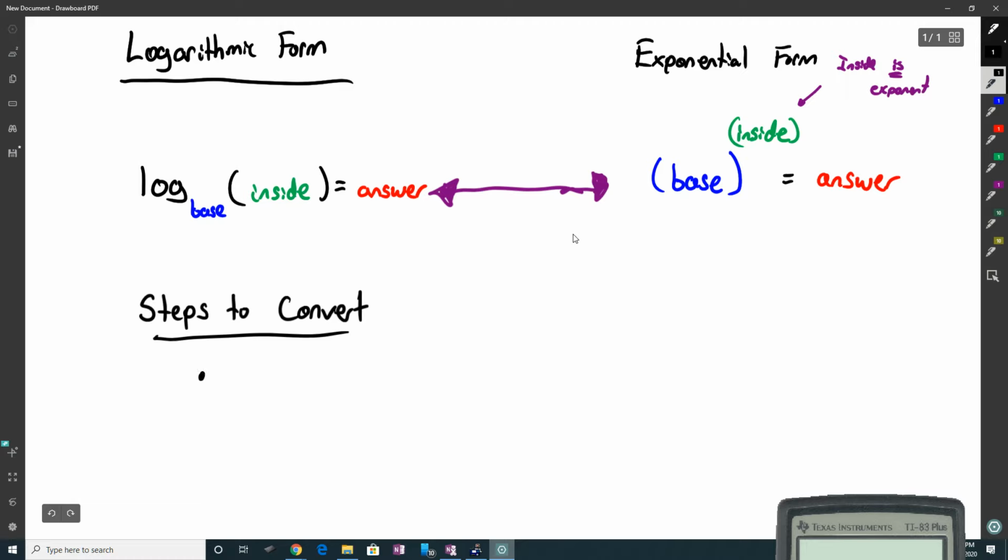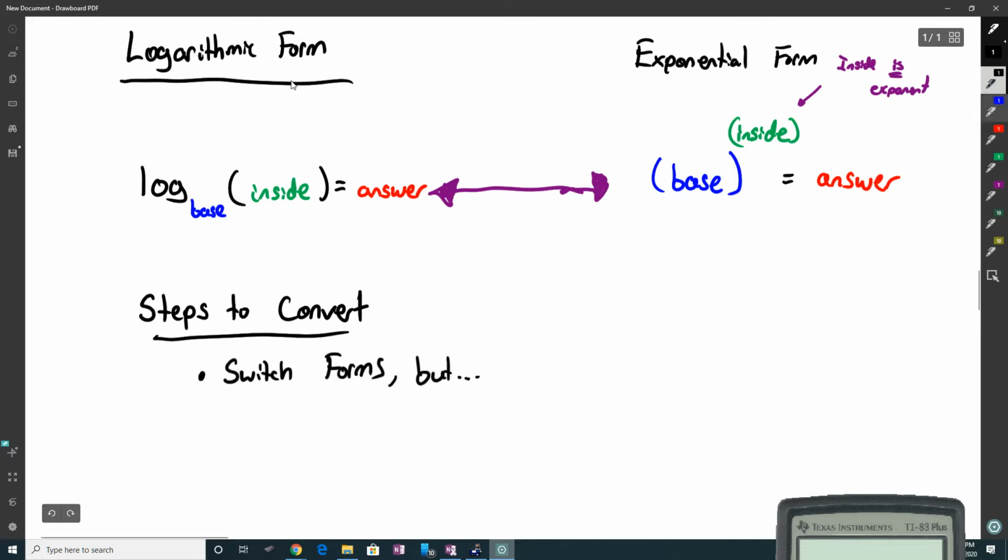The first thing you're going to do is switch forms. If you were in log, you're going to be in exponential. If you're in exponential, you're going to be in log.